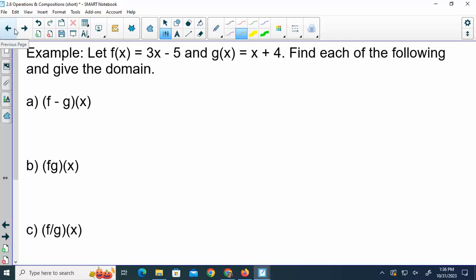So let's try it when I don't have any numbers to plug in, when I'm just looking at these functions. So f minus g of x. What that means is we take f of x and we subtract g of x. Right, what is f of x? 3x minus 5.